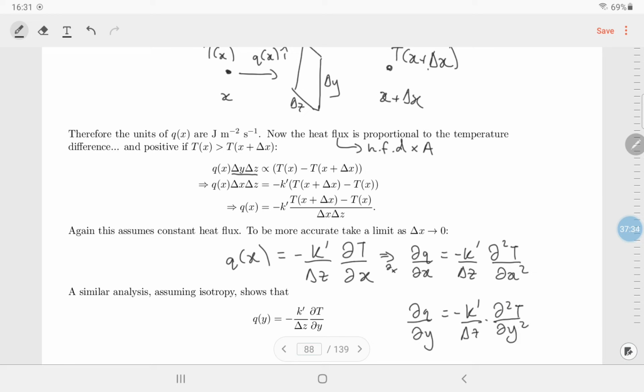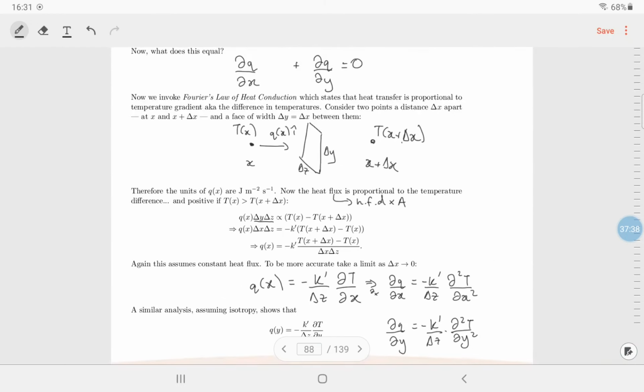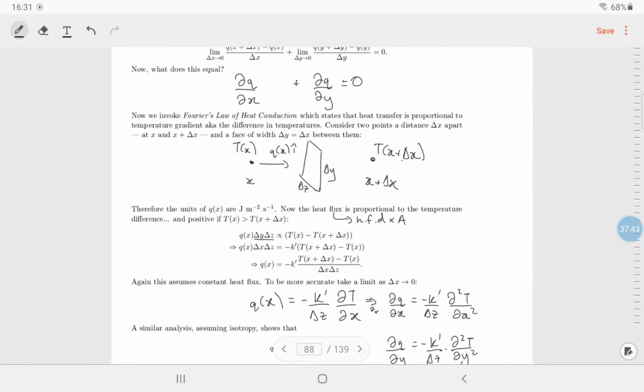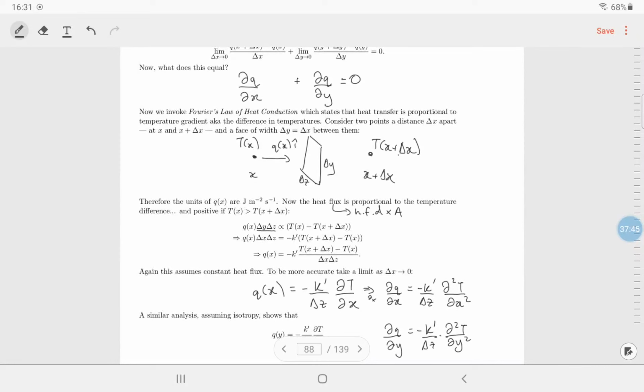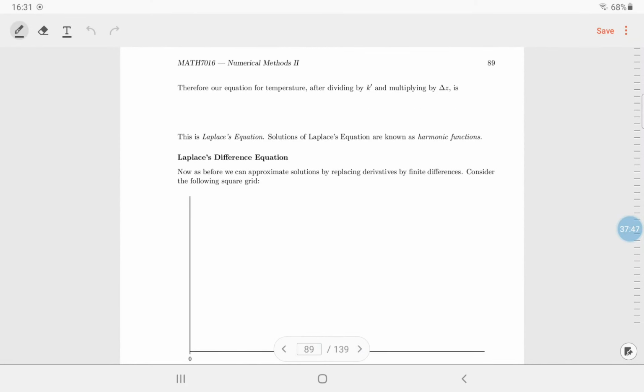Now, if the thing is not isotropic, the K's are different and things are a bit messy, but we'll assume that it is isotropic. So what's our equation? That the sum of these derivatives is 0. So we get minus K dashed over delta Z, second partial derivative of temperature with respect to distance, minus K dashed over delta Z times second derivative of temperature with respect to the other distance is equal to 0.